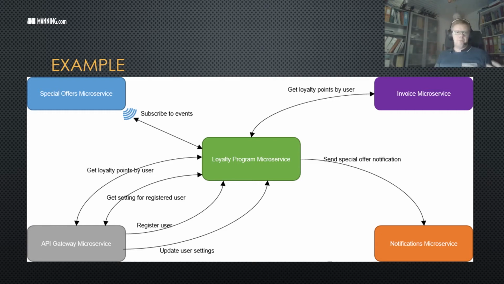So this loyalty program microservice sits right there in the middle of this picture, because we're focusing on that one. There are some other microservices around it that play different roles, and the ones we're going to look at in conjunction with the loyalty program during this talk are the special offers microservice in the top left hand corner, and the notifications microservice in the bottom right hand corner.